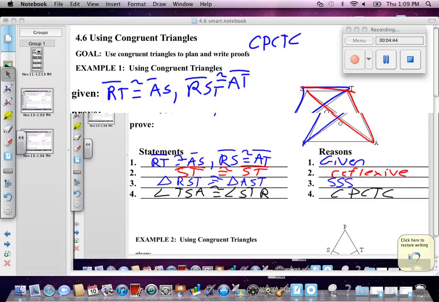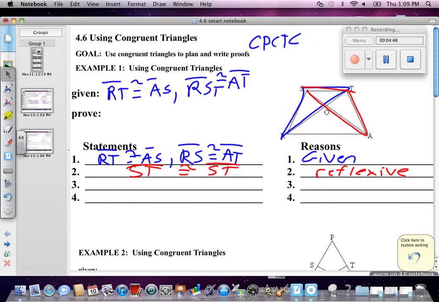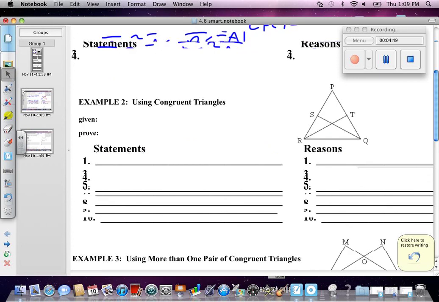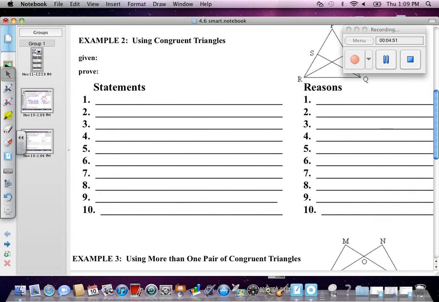Okay, let's look at the next one. So, we're looking at this funky overlapping triangle. The first thing I'm going to do is write down the given. SR is congruent to TQ, and this is given.